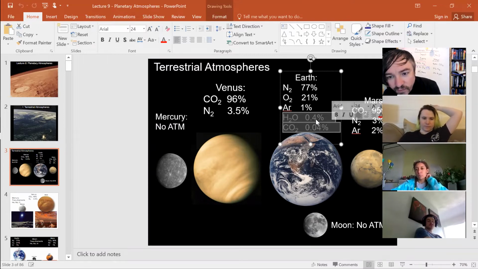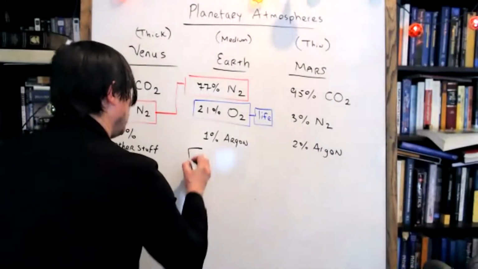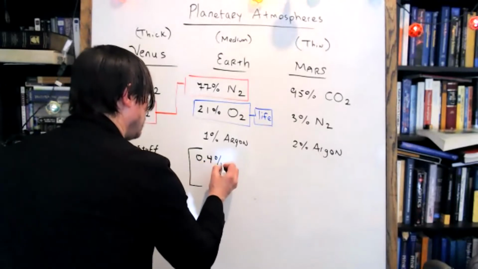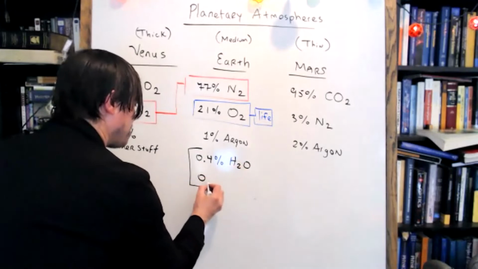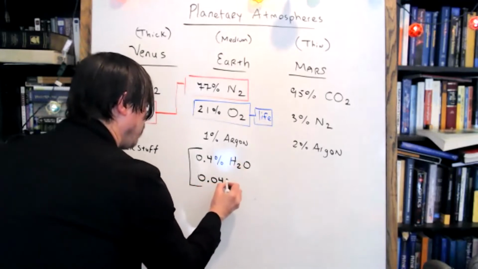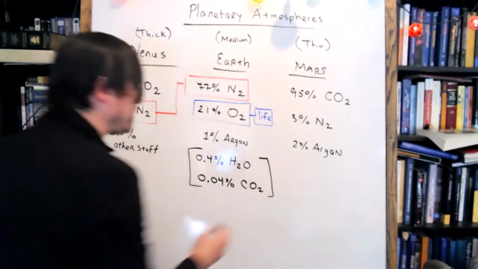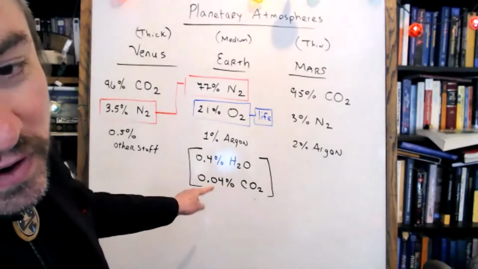It's 0.4%, 0.4%, and 0.04%. So let's add those in parentheses. So 0.4% is H2O. And weirdly, CO2, which actually still has a profound effect on the temperature on Earth, only makes up 0.04%.